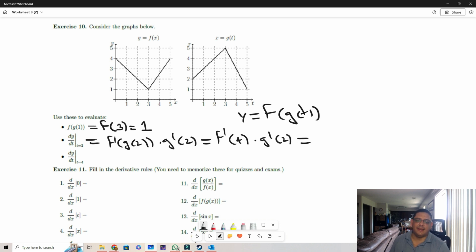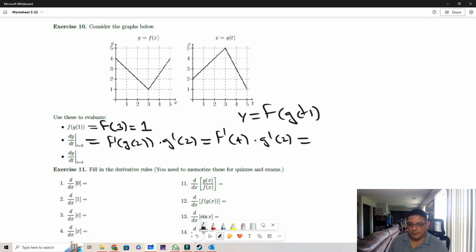Now, what are this f prime and this g prime? Notice that we have lines. And when we have lines, the slope means the derivative. So if I want to get f prime of 4 from this function depicting f, what I need is the slope of the line that's crossing 4. And notice that this is something we can get from 2 points.